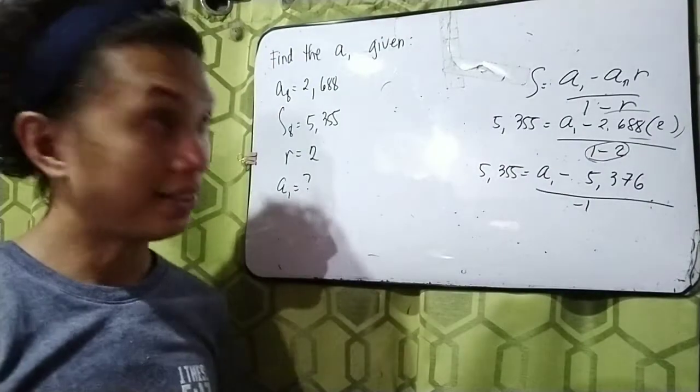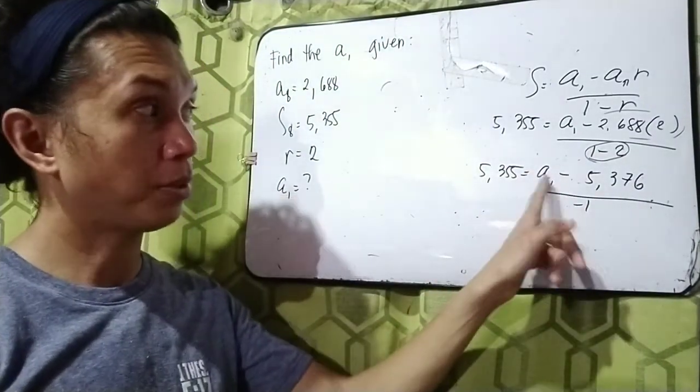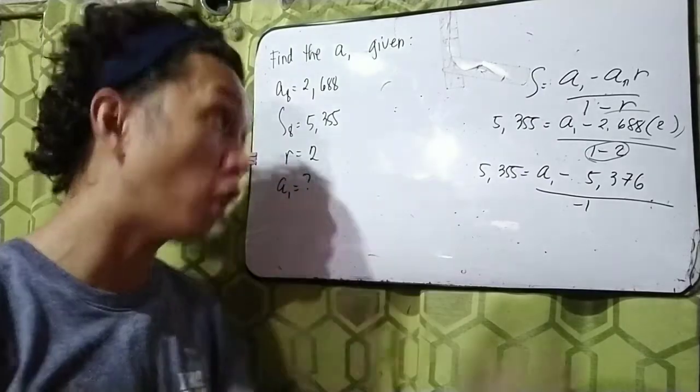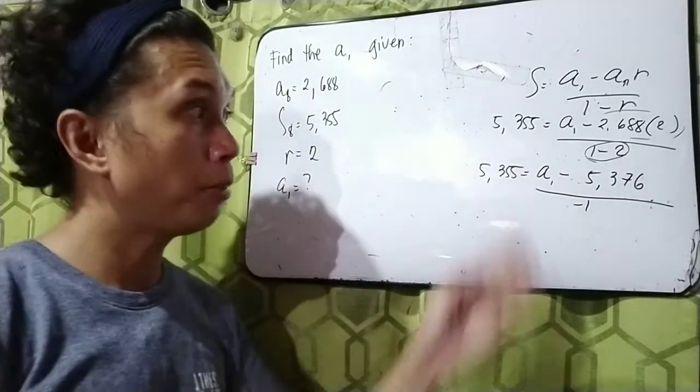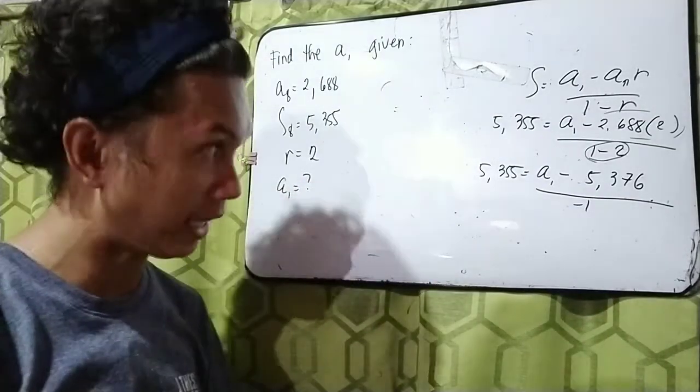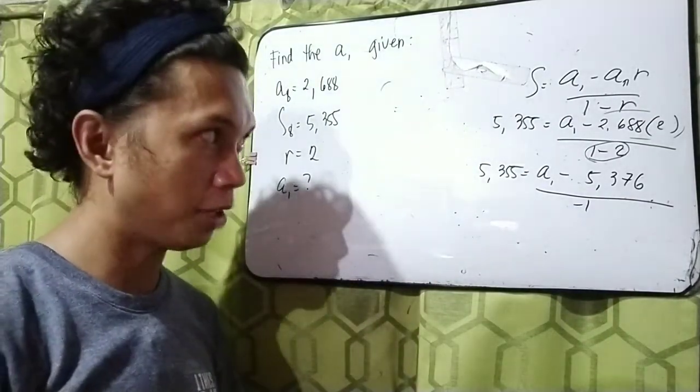Our next step: since we cannot simplify a sub 1 minus 5,376, because a sub 1 is a variable while 5,376 is purely a constant, they are not like terms.